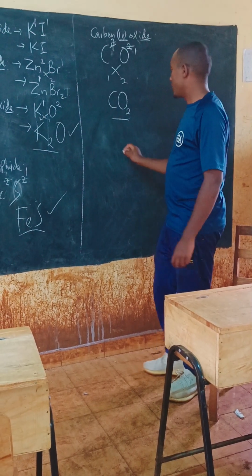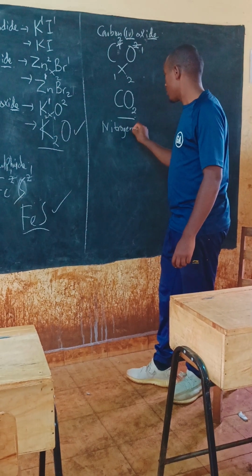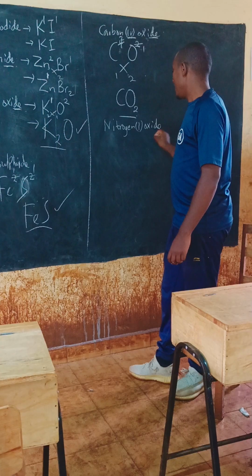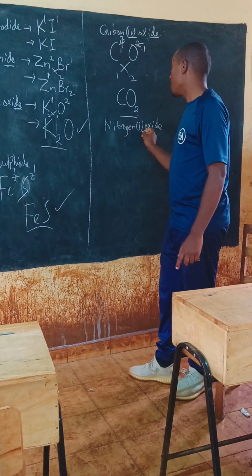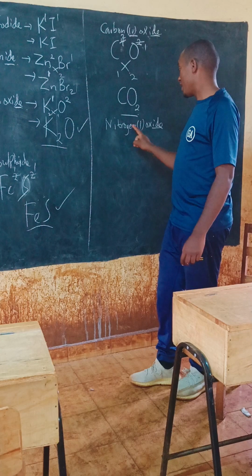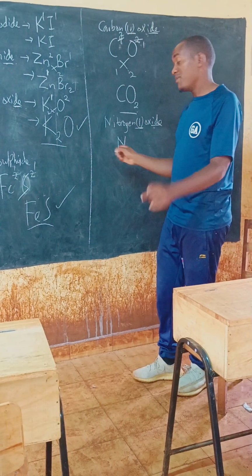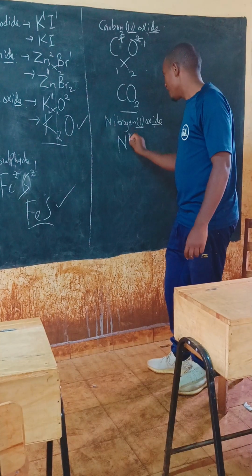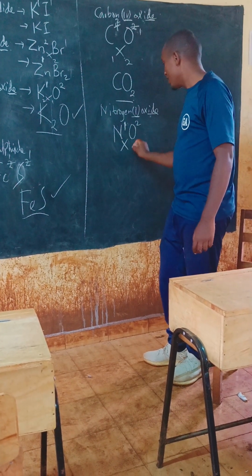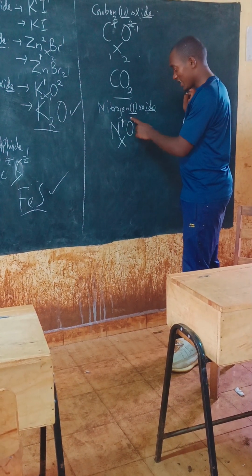Another one, we have nitrogen(I) oxide. It means we have two elements because it ends with IDE, which are nitrogen and oxygen. We take the valencies given in brackets. Nitrogen valency 1, oxygen valency 2. Before we exchange, look, can it be simplified?